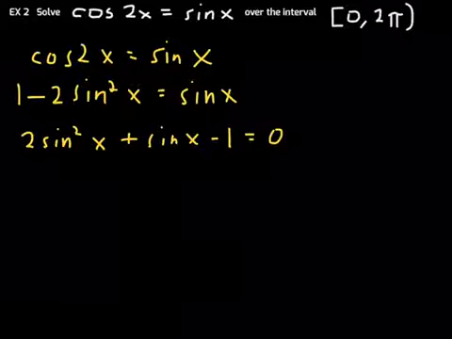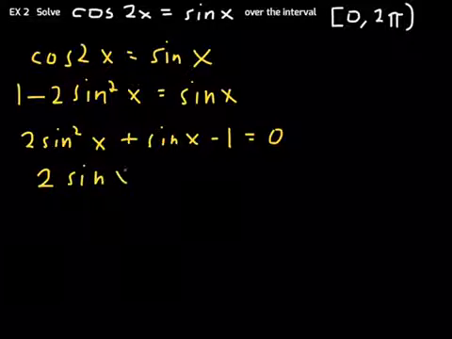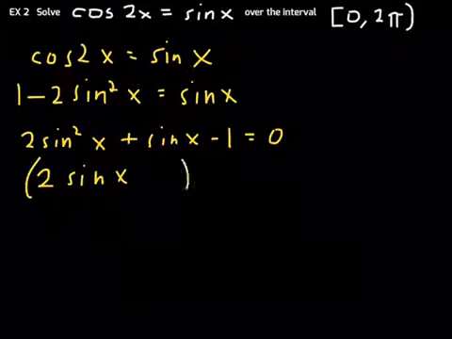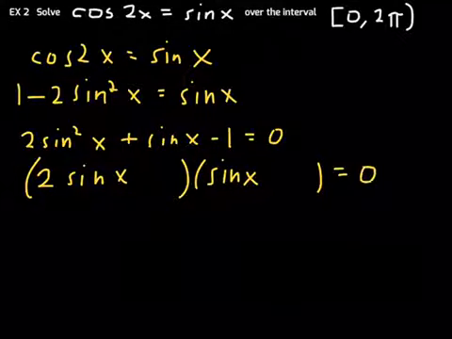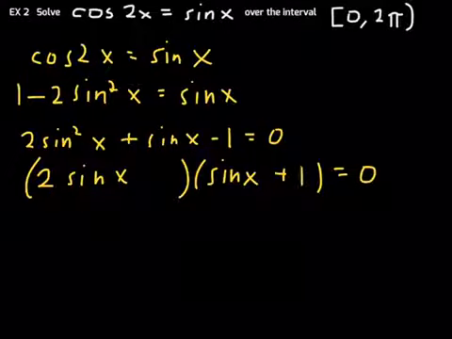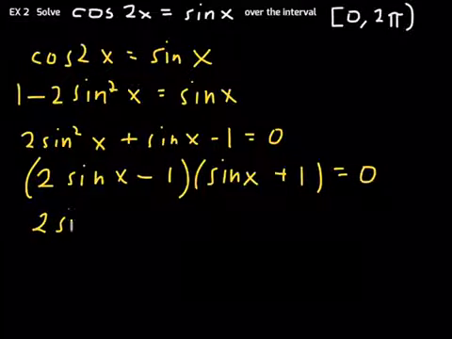Now, I think this factors, if I'm not mistaken: 2 times sine x, and then a sine x here. And I believe we want a plus 1 out here, and then a minus 1 in here. Yeah, that'll work. And then you know from your algebra studies that you set each factor equal to 0 and solve, right?